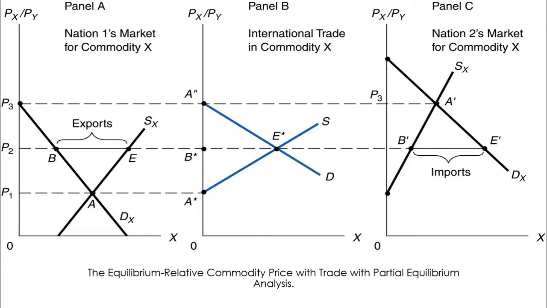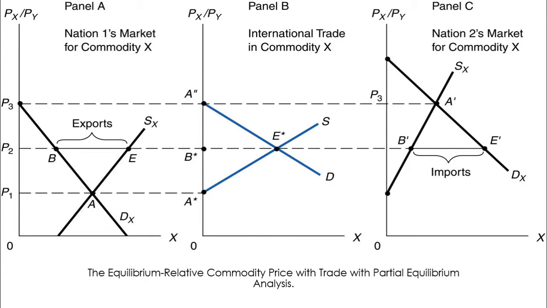When price increases, we can see that supply of this particular commodity increases within the domestic market and supply is greater than demand. For example, at P2 price, supply is higher than demand and there is excess supply in nation 1, and actually this excess supply is exported to the international market.